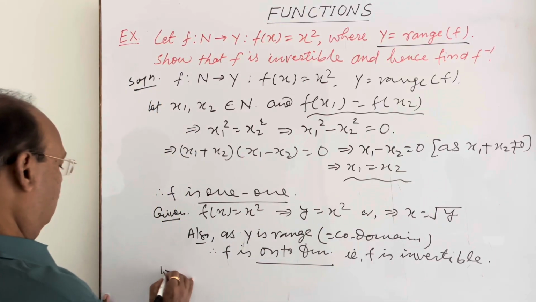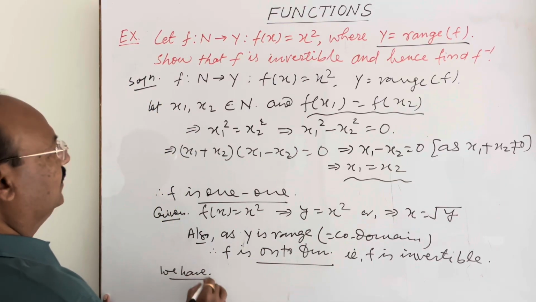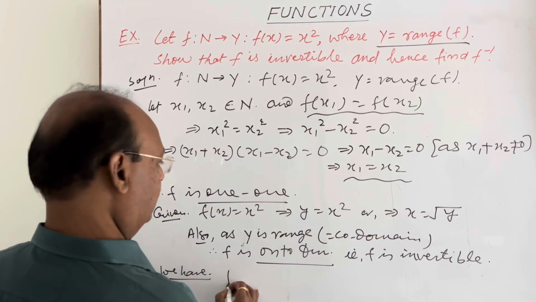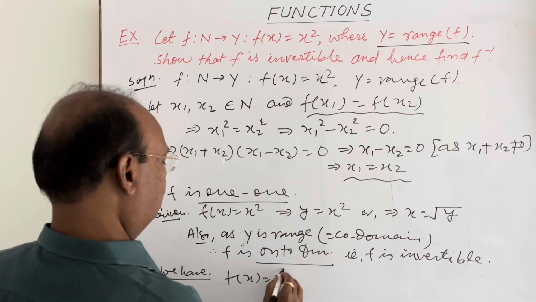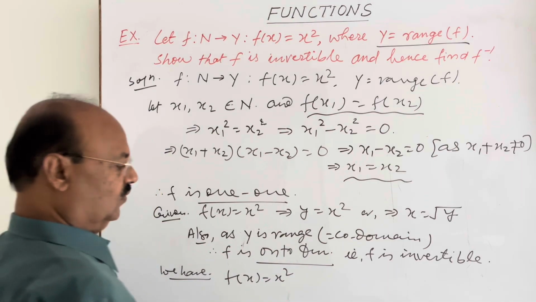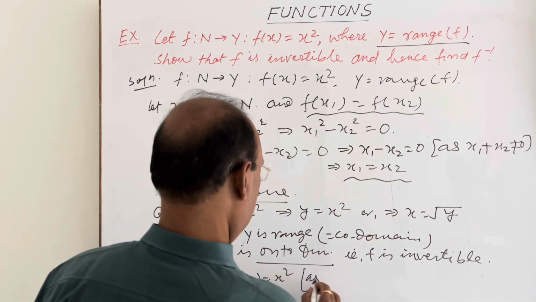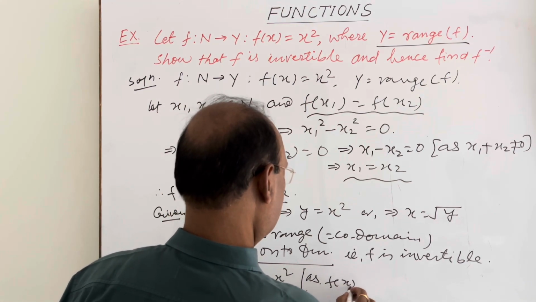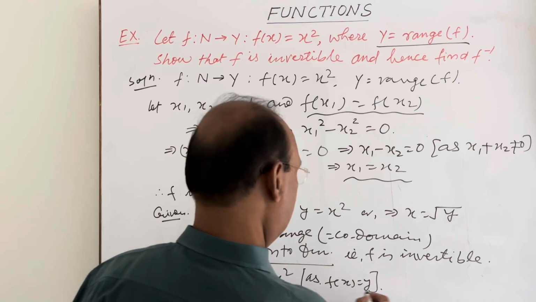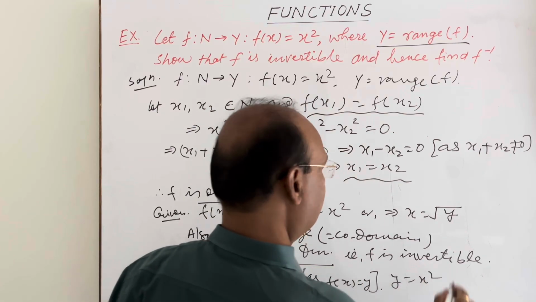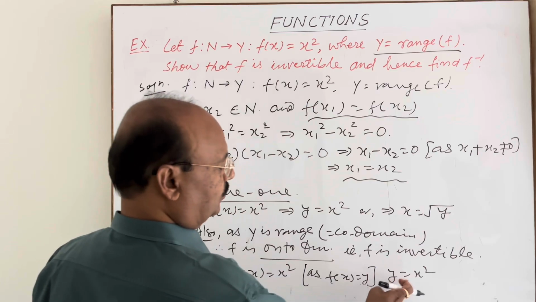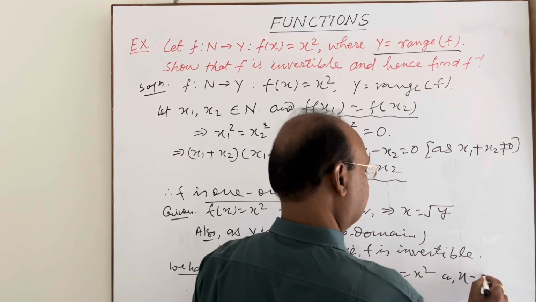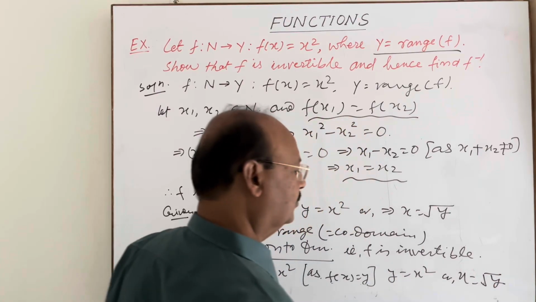So we have, this is defined as f(x) is equal to x square. Okay. So as f(x) is equal to y, we can write y is equal to x square, or we can write x is equal to square root of y.